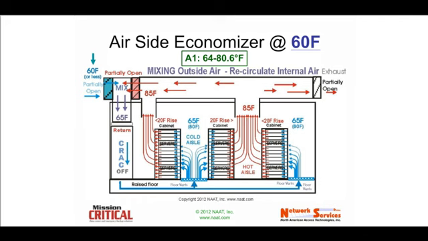All right. So now we're looking at 60-degree air outside, and we don't want to go below the bottom of the A1 recommended range, which is 64. So we're going to begin to partially open the dampers. If you look on the left-hand side, you'll see that we've got some mixing of air between the outside air and the inside air.